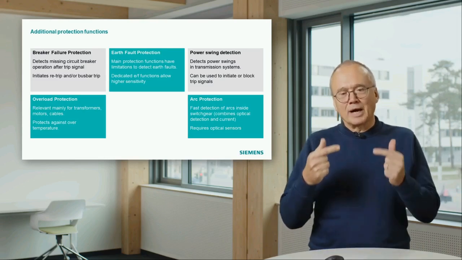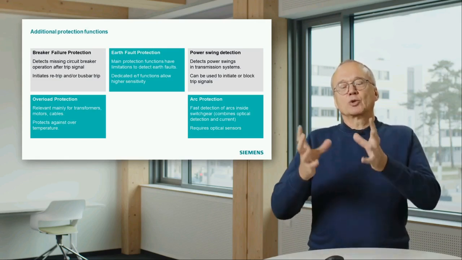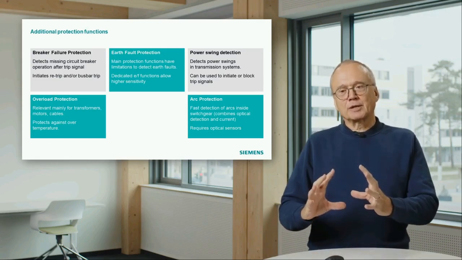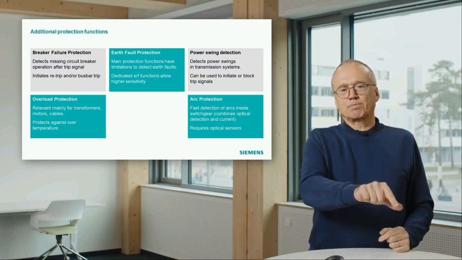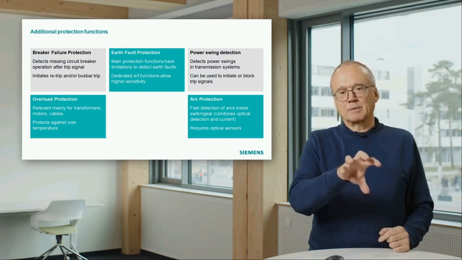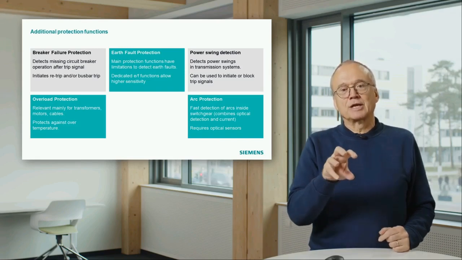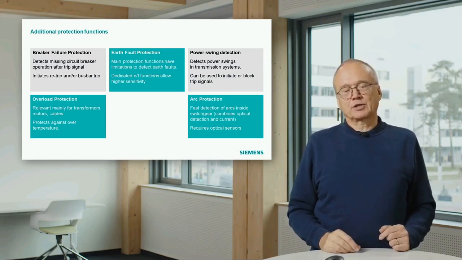That means one application of the power swing detection function is to detect such a power swing and to tell the distance protection, stop, don't react on that. That is a power swing, that is not a short circuit. That means the power swing detection functions are sometimes used to block the distance protection.